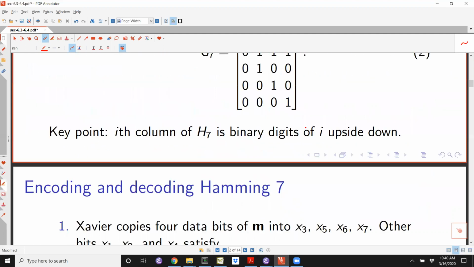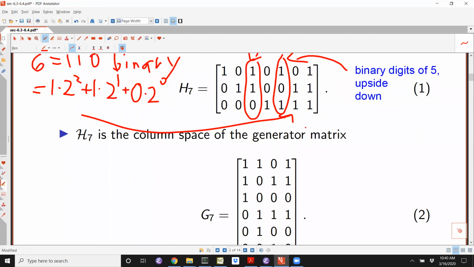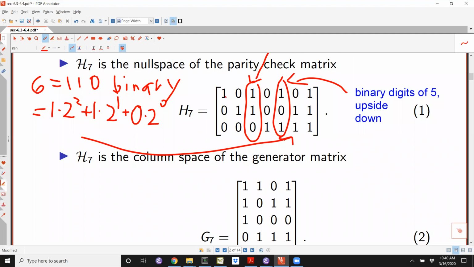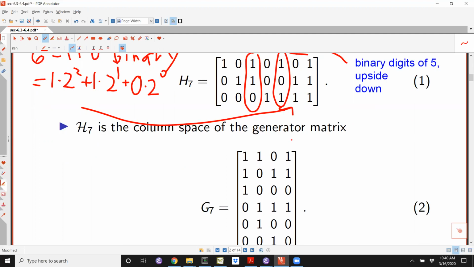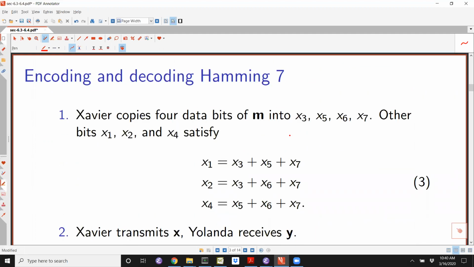If you look at the top row of capital H7, the top row is 1 0 1 0 1 0 1. So where does this come from?